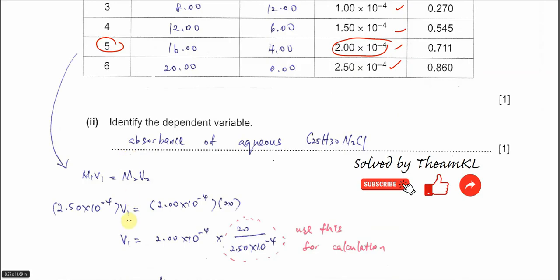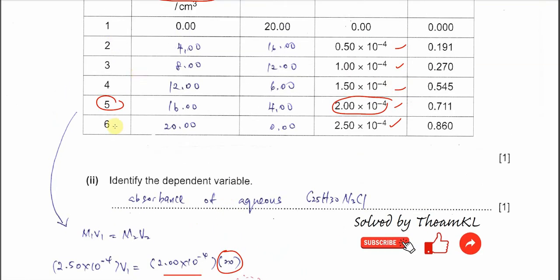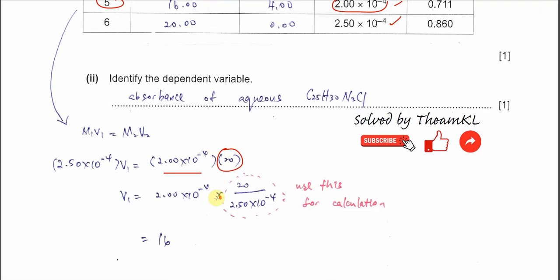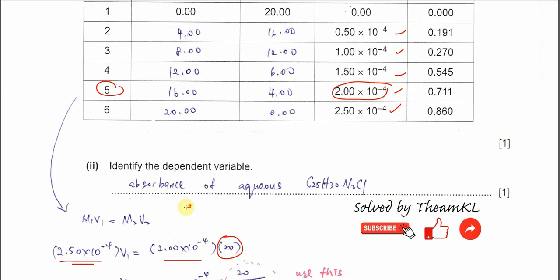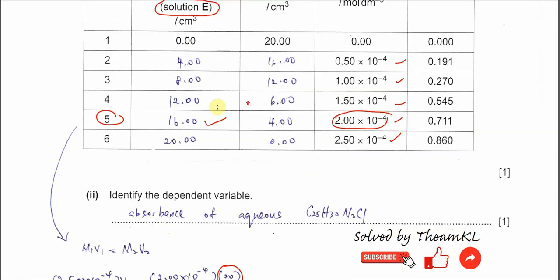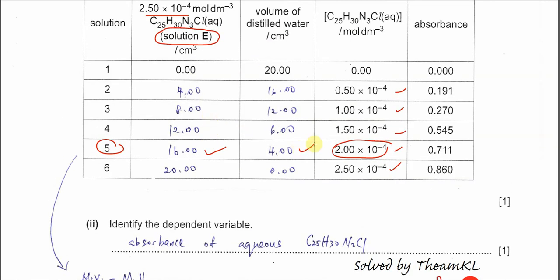V1 is the volume that we need to take from solution E. M2 is the concentration that we need to prepare, in this case for solution 5, 2 times 10 power negative 4. The total volume that we need to prepare is 20, from 2 to 6 all the same. So bring this concentration to the right, then you get this. Eventually, after calculation, the volume that needs to be taken from solution E is 16. So here you must put 16. When this is 16, the volume of water must be 4 because the total must be 20.